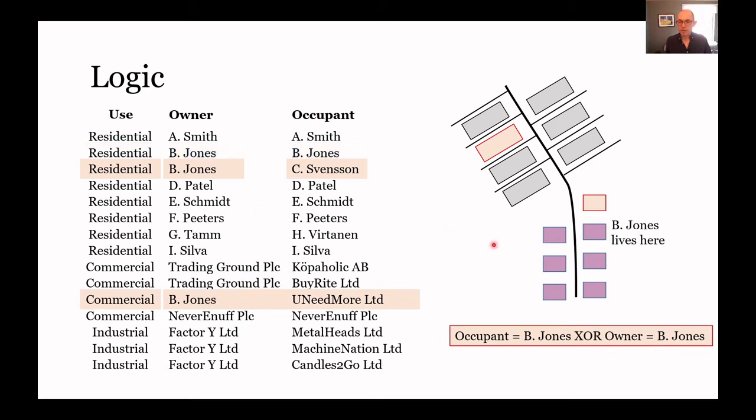If we then do the exclusive OR, where the occupant is B. Jones or the owner is B. Jones, but not both at the same time. So for example, let's say our landlord is this B. Jones person, and perhaps we don't like them. We suspect them of being somewhat unfair in their rental practices.